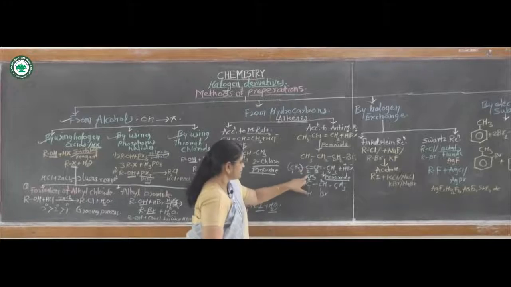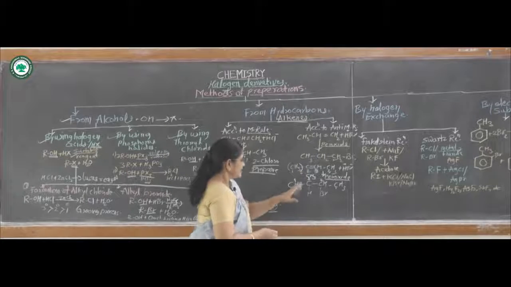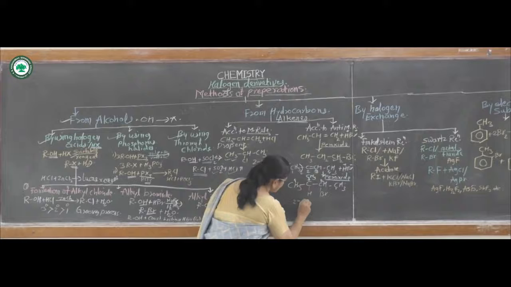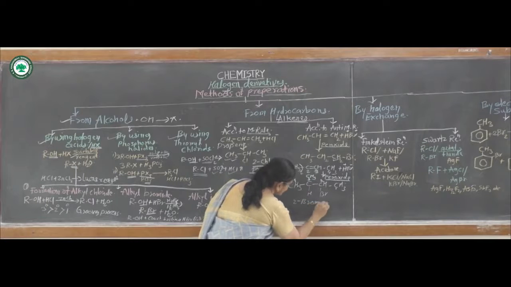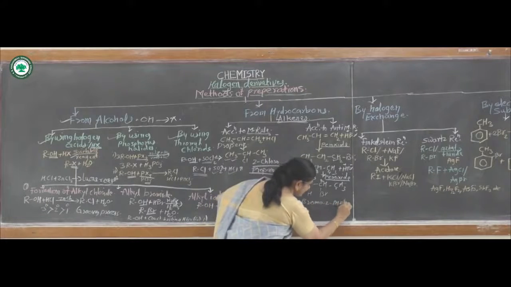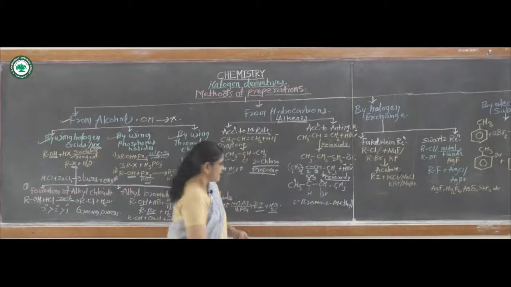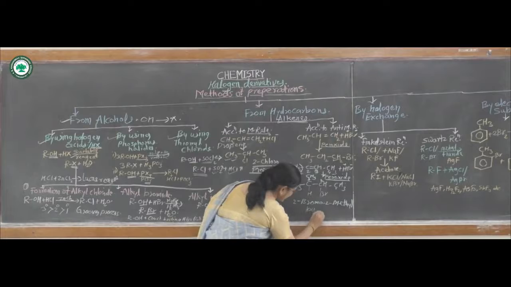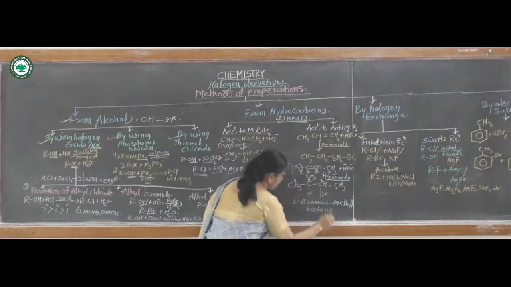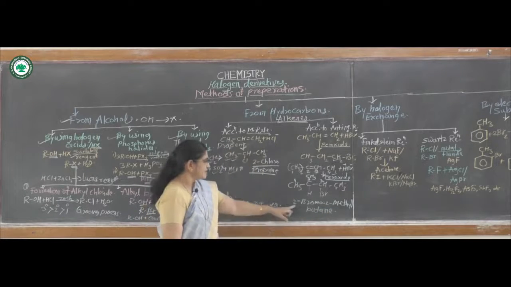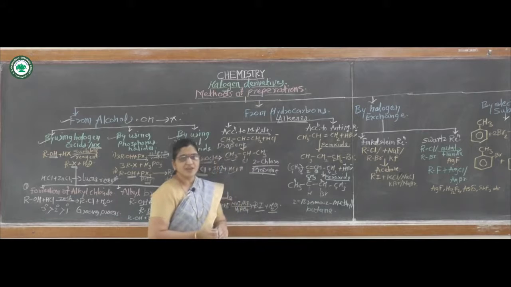On this carbon atom there are 2 CH3 groups, hence 2-methyl, and it contains 4 carbon atoms in a straight chain, hence it is a derivative of butane. Hence the name of this compound is 2-bromo-2-methylbutane.